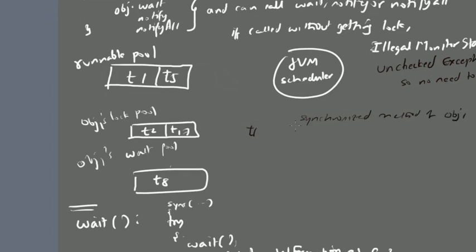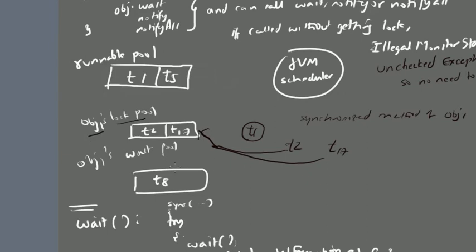So T1 has invoked the synchronized method of obj1 and has taken obj1's lock. Now T2 has invoked the same synchronized method of obj1, and so did T17. Because T1 now has the lock, T2 and T17 would have to wait in obj1's lock pool.